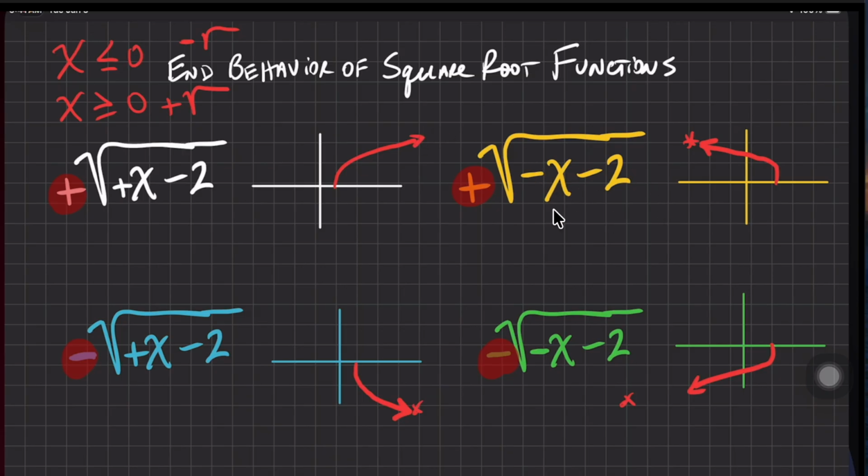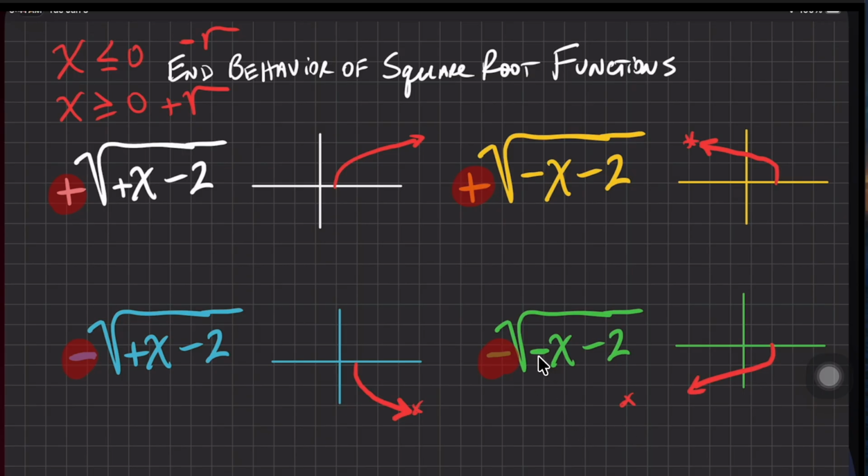Here, on this side, that sign is positive. Again, the y value is heading towards positive infinity. Down below, negative outside. This graph, the y value's heading towards negative infinity. Over here, again, outside negative, the y value's heading towards negative infinity.